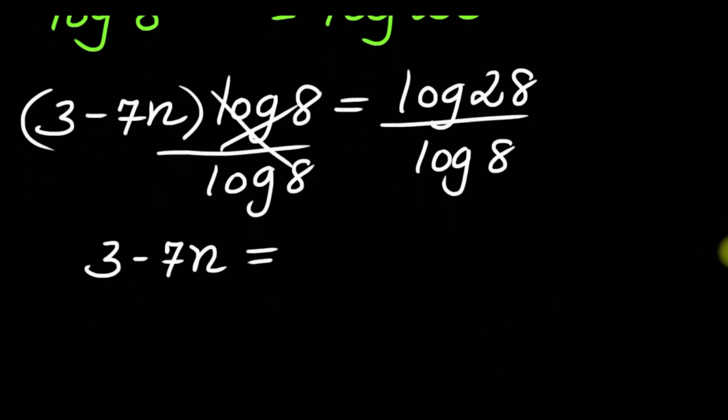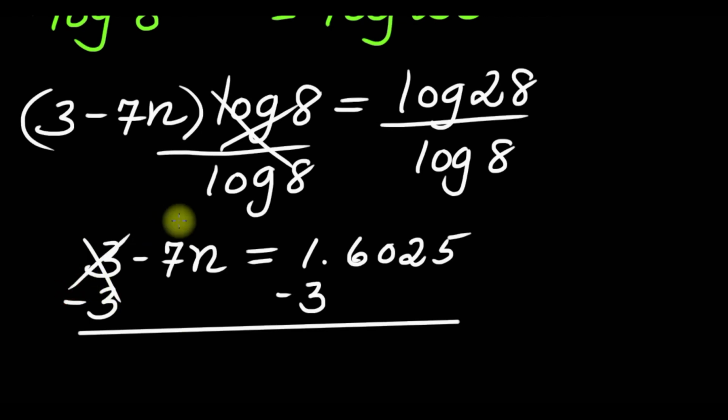Okay, input that into the calculator. You get 1.6025. And then solve for n here. I would have to minus 3, minus 3. So these add up to 0. Bring down the negative 7n.